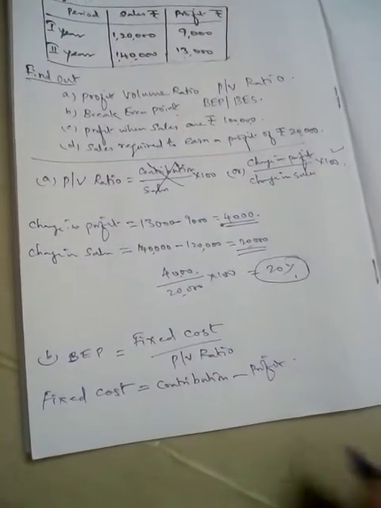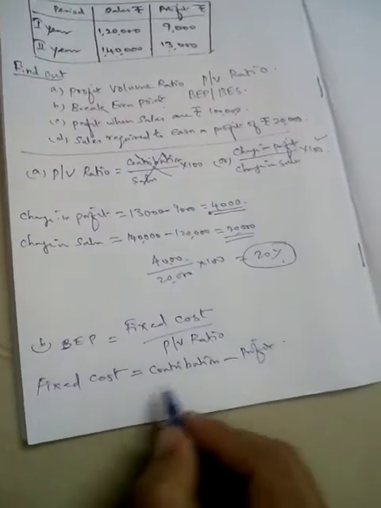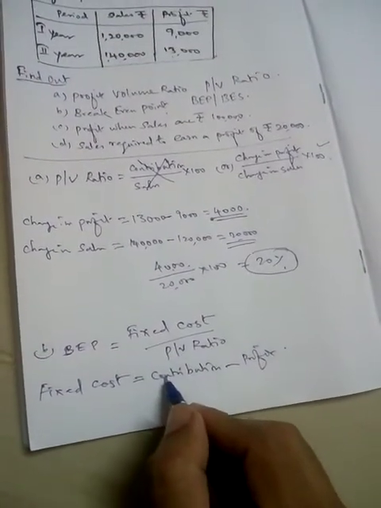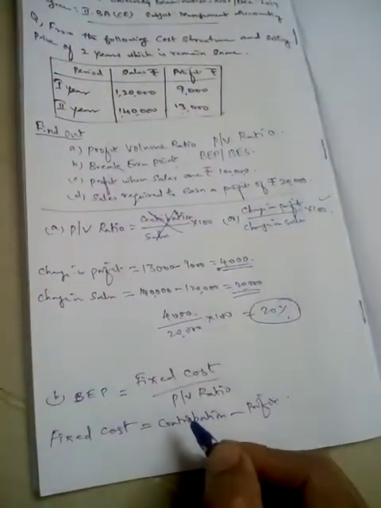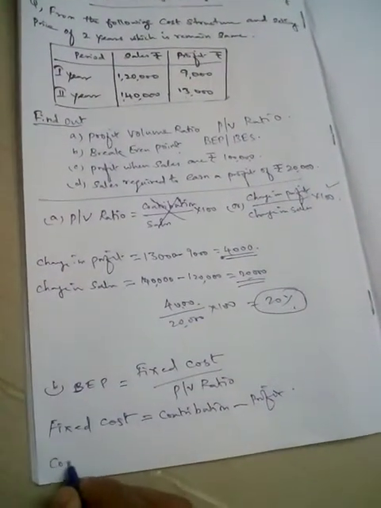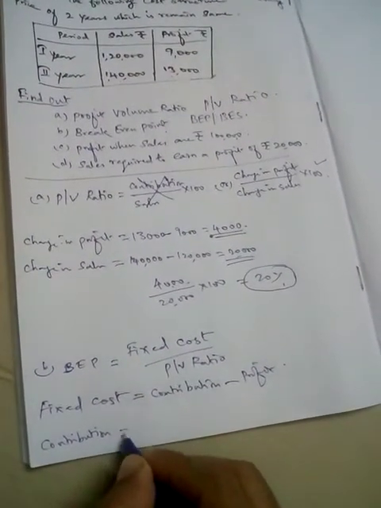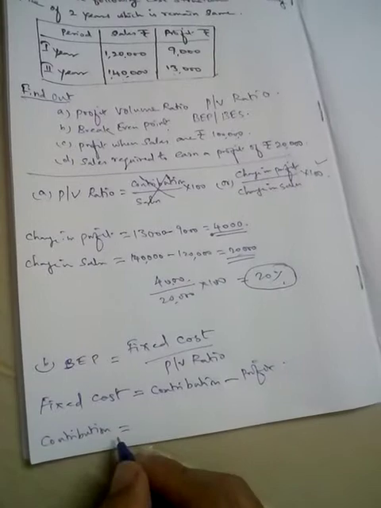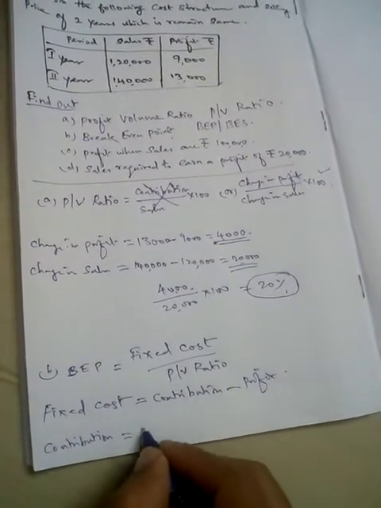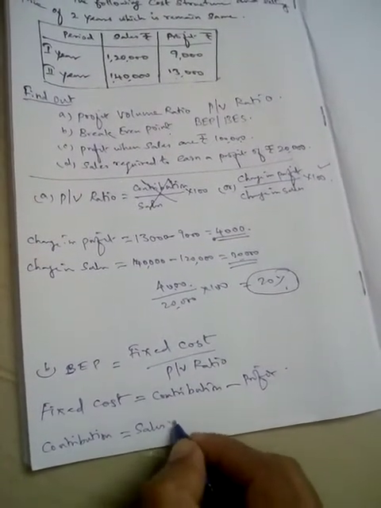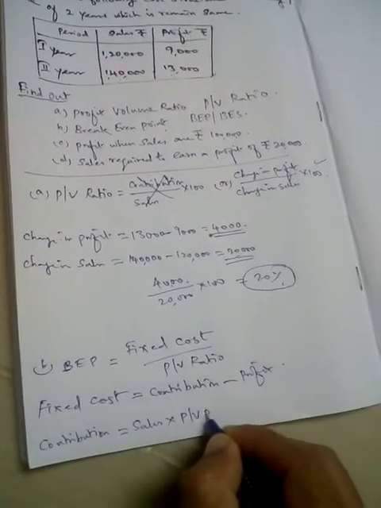There is no information given in the question relating to contribution, so again we have to calculate the contribution first. The contribution formula is sales into PV ratio.